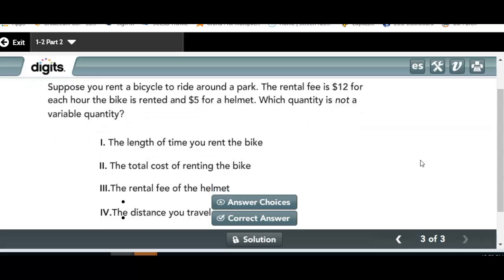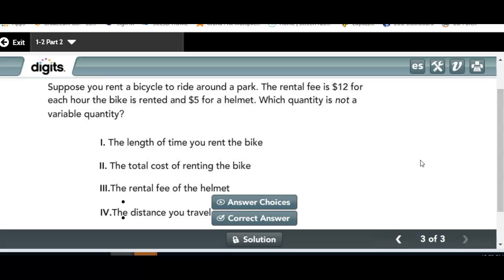Suppose you rent a bicycle to ride around a park. The rental fee is $12 for each hour the bike is rented and $5 for a helmet. Which quantity is not a variable quantity? So we're just going to talk whether it's a quantity or variable quantity. It's not on your guided notes, just up here. So the length of time you rent the bike. Is that a quantity or a variable quantity?